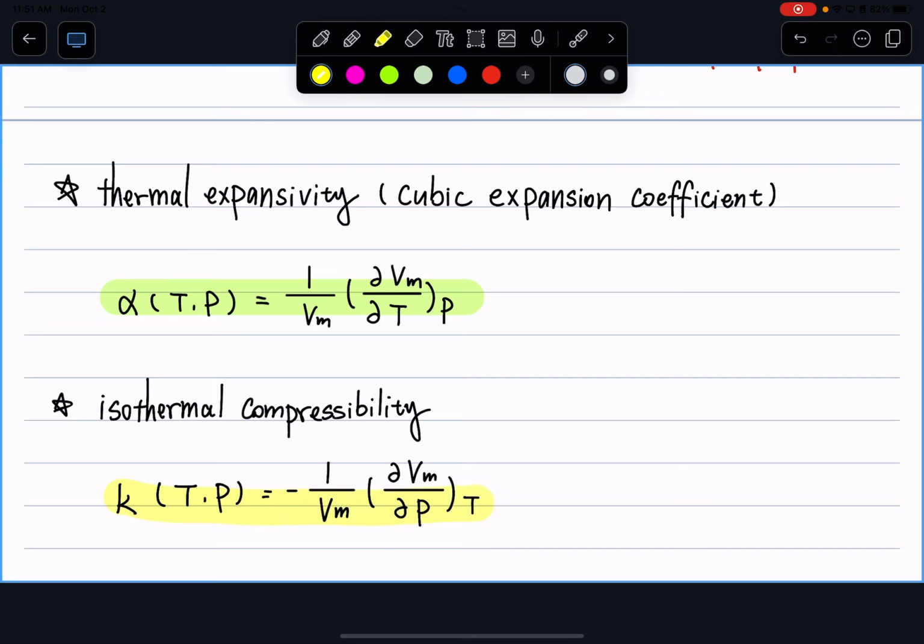Alternatively, you have the isothermal compressibility, chi. It looks like a small k, but it's effectively the Greek letter chi, which is a function of temperature and pressure. That's something you can measure. It's called the isothermal compressibility.